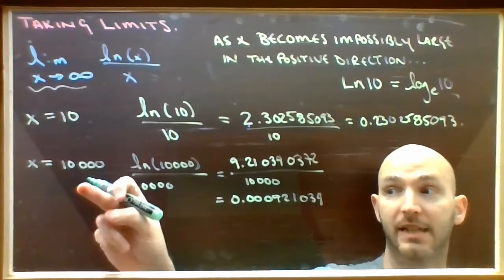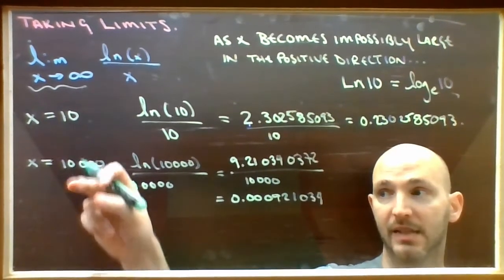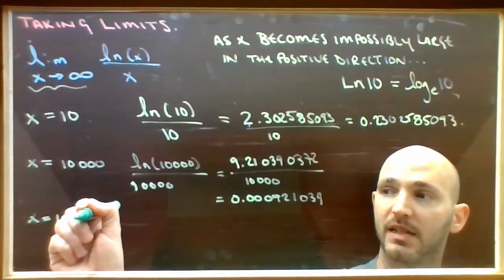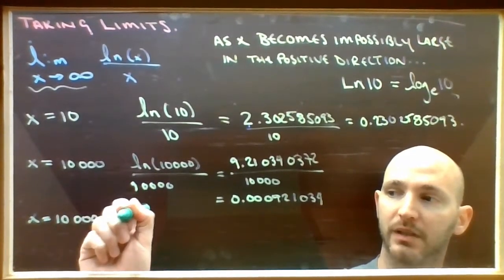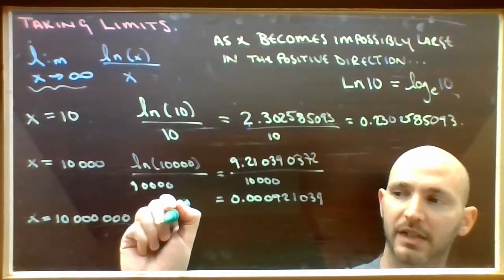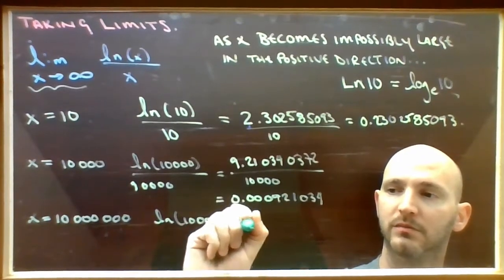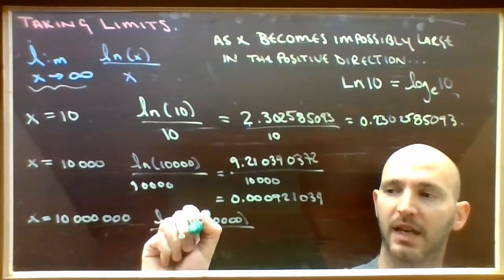Okay, now I need to get closer to infinity than this one is. I accomplished that by adding 3 zeros, so let's just do that again. 10 million. So I'm going to need the ln of 10 million divided by 10 million.